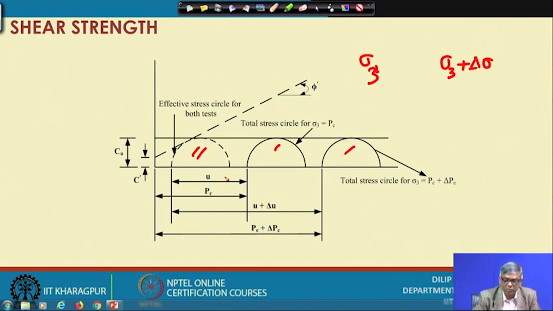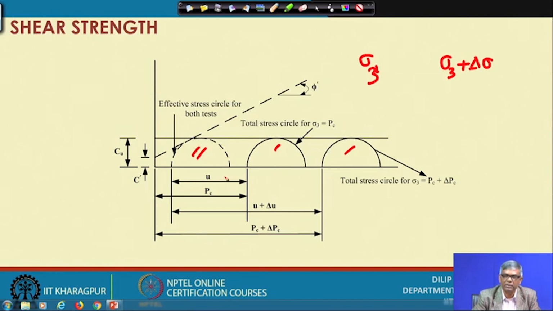But most of the time we get this: sometimes if I do an undrained test and draw the Mohr circles, three circles, and draw the tangent, we will see that sometimes instead of becoming horizontal, you may get a little bit of phi value and some amount of C value. That is the reason, because the condition we are assuming, that is saturated fine-grained soil, may not be satisfied there.